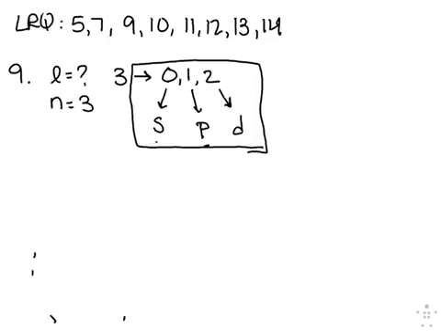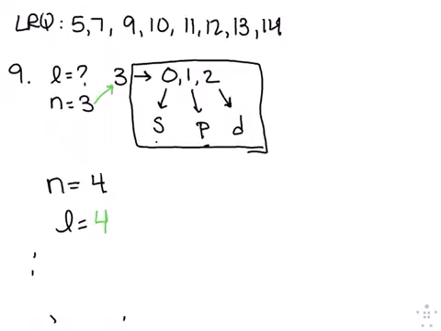To practice this again, if n equals 4, how many possible L values can we have? Notice that when n equals 3, the number of possible values for L was the same, so it will follow suit that we will need 4 L values.